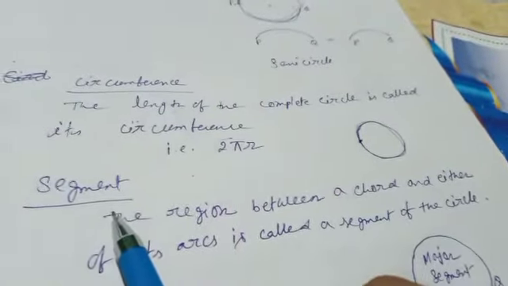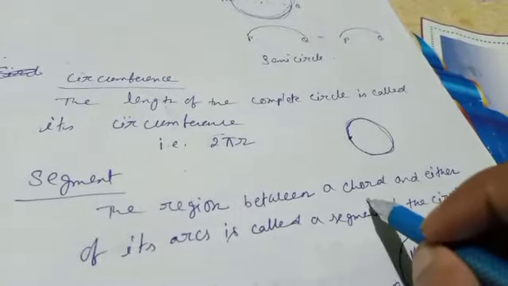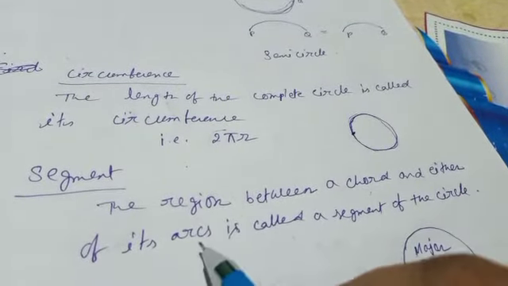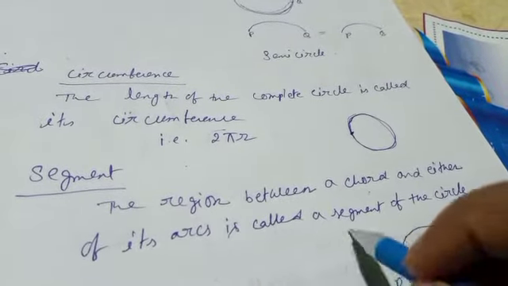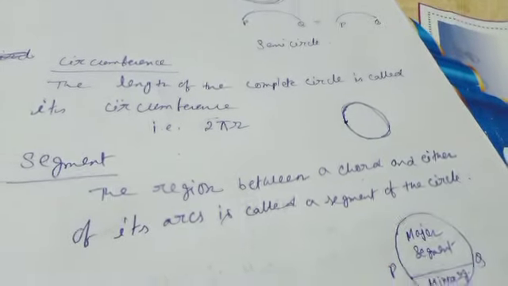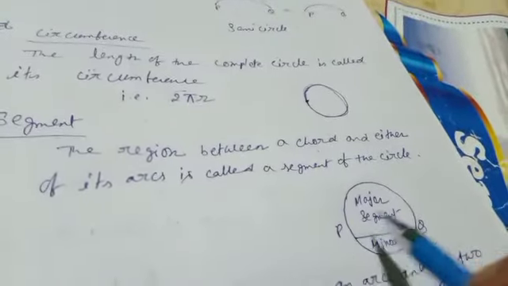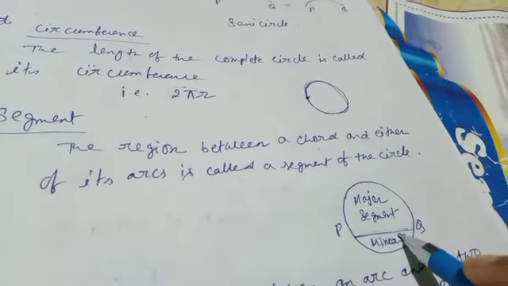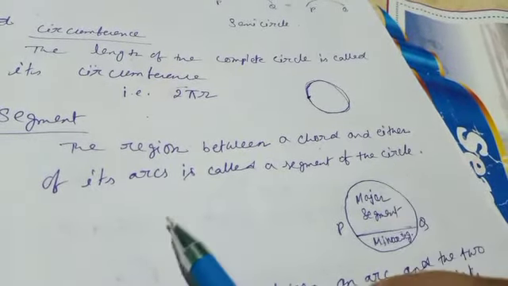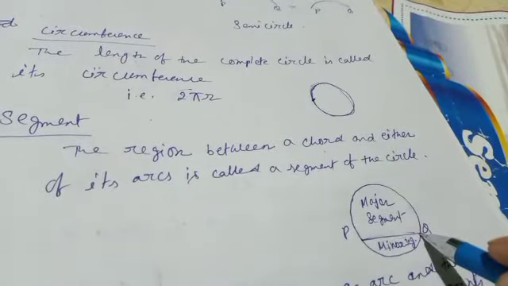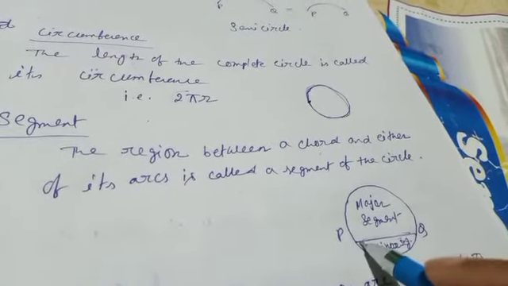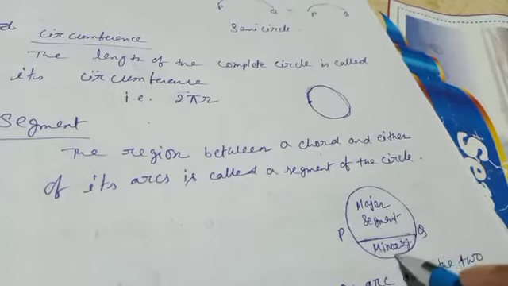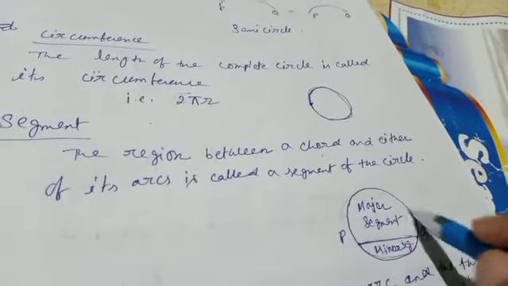Segment. The region between a chord and either of its arcs is called a segment of the circle. This is the chord, and this is the region between the chord and its arc. Either of its arc means after getting this chord, you have this side, the minor arc, and this one, the major arc.